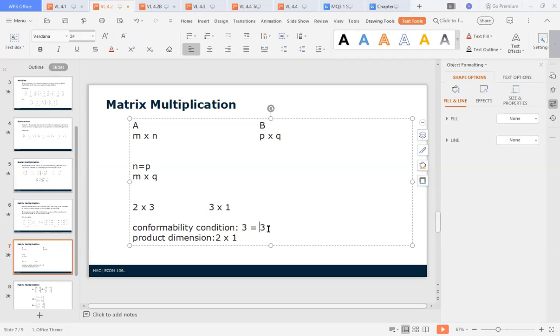Correction, this should be 3 is equal to 3. Since the conformability condition is not violated, we can go ahead and multiply the two matrices. The product dimension would be 2 by 1, because again, m by q, so that would be 2 by 1.